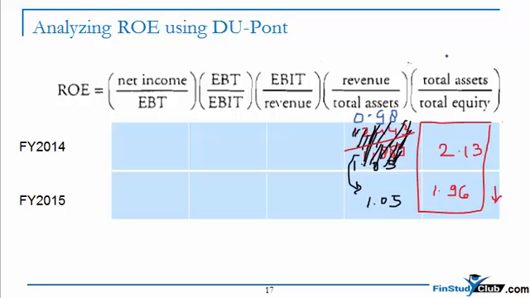That means in the current year you performed well on this front because your revenue has gone up. Similarly, let me fill in the entire remaining three figures as well.